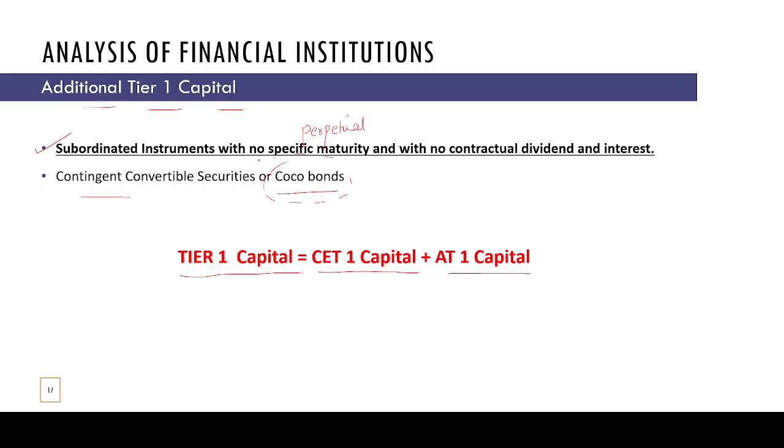We all know what happened with Yes Bank, and Yes Bank had also issued COCOs. When Yes Bank was facing difficulties, ideally these bonds should have been converted into equity, but Yes Bank just wrote them off rather than converting them into equity. They were just written off.